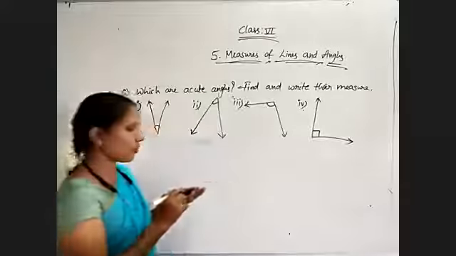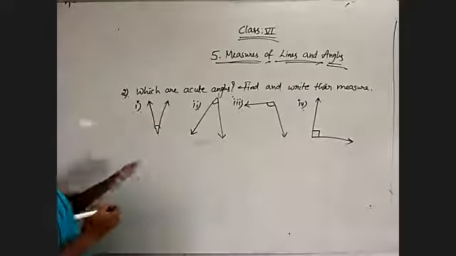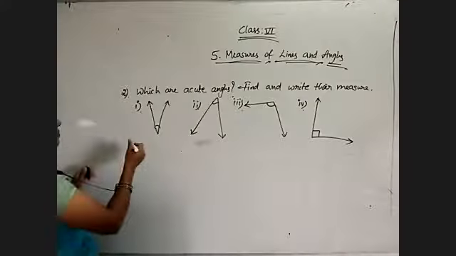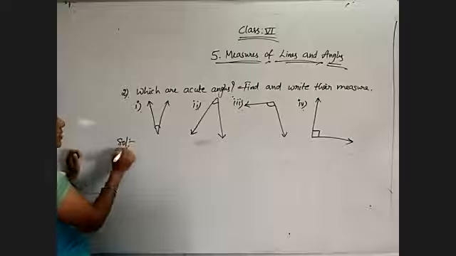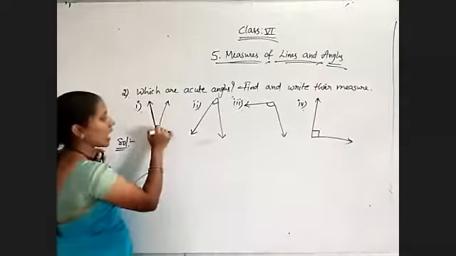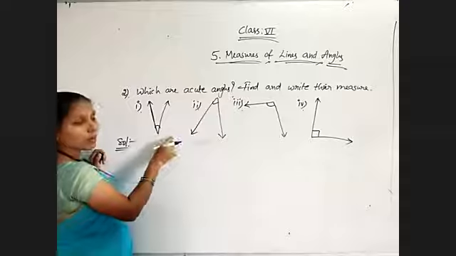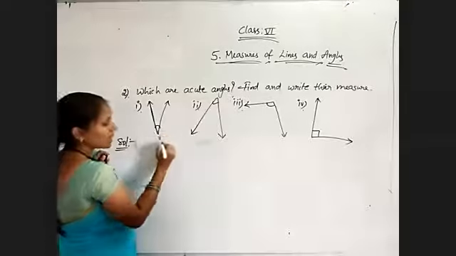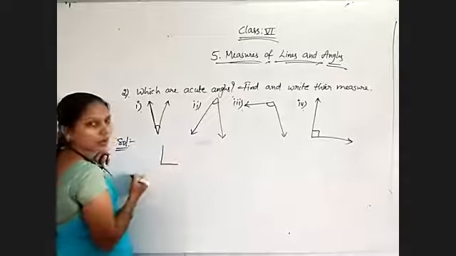Just observe these four problems, afterwards we will see the remaining. Observe the first problem. It is very clear that if I take any one of the arms, I try to construct a perpendicular. Perpendicular is nothing but an L shape, you know.